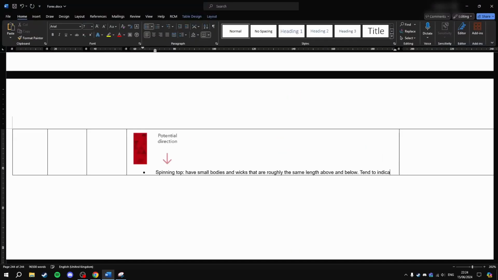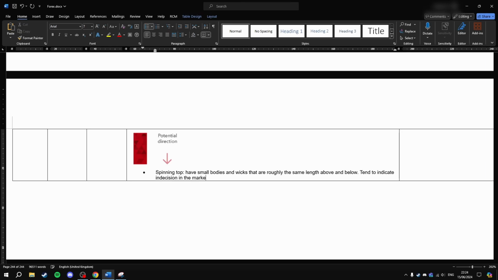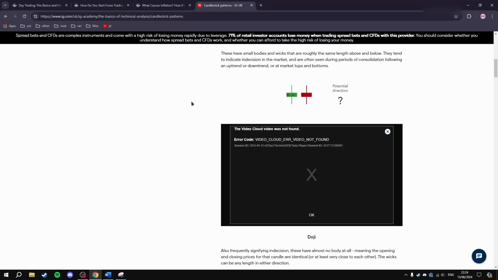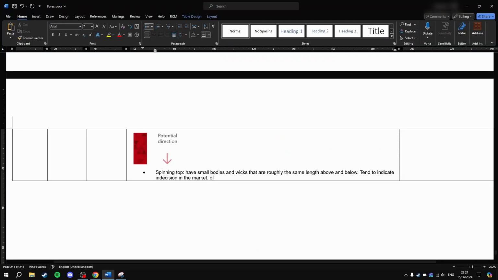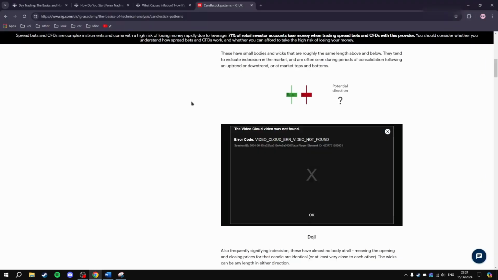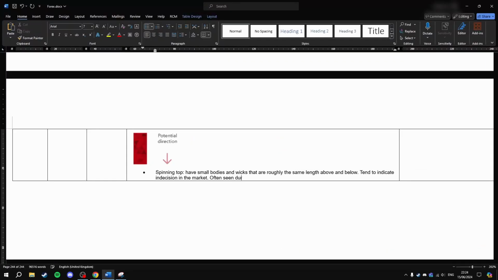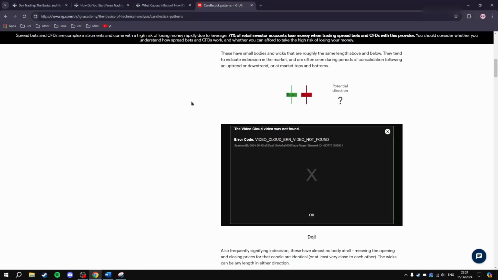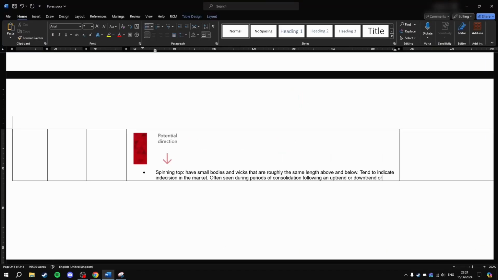Tend to indicate indecision in the market. Often seen during periods of consolidation following an uptrend or downtrend, or at market tops and bottoms.